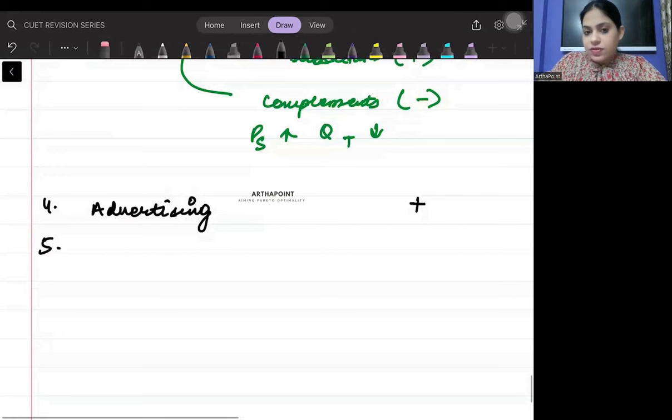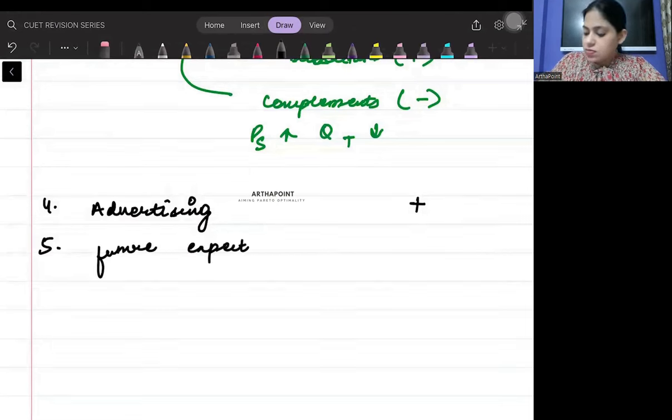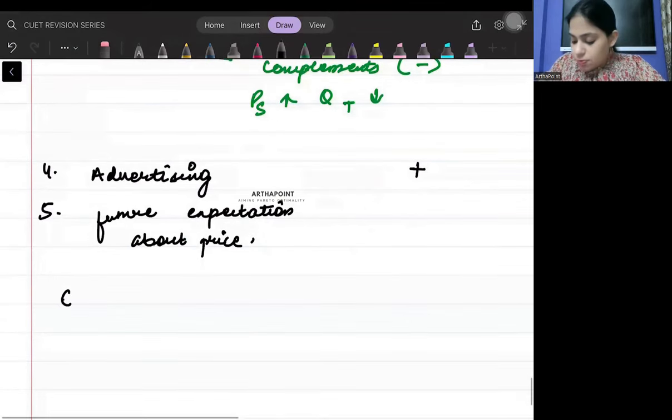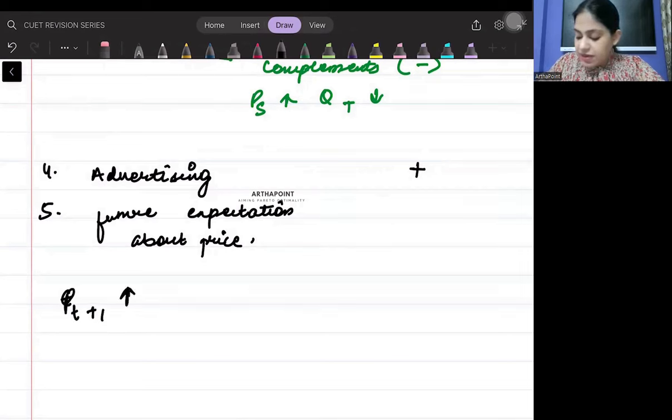And then we have future expectation about price. ध्यान से सुनो बच्चे. If I expect the future price to increase, अगर मुझे लग रहा है कि period T+1 में price बढ़ने वाला है और मतलब जैसे अगर मुझे लग रहा है कि एक शेयर प्राइस कल बढ़ने वाला है तो मैं उसकी डिमांड आज बढ़ा दूंगी.